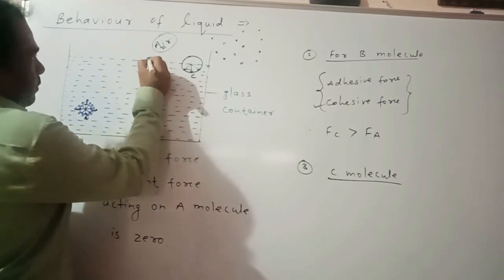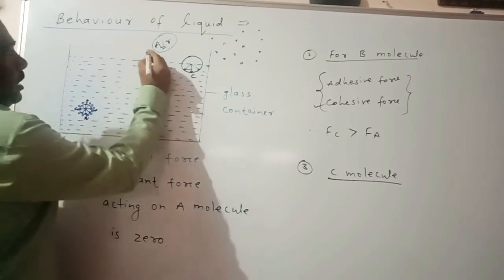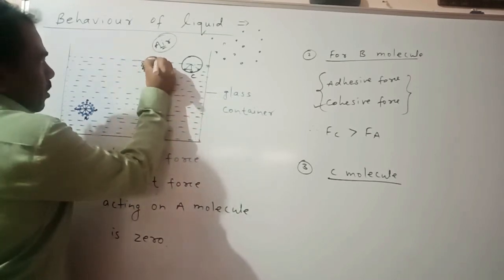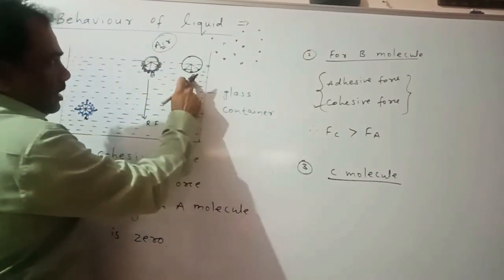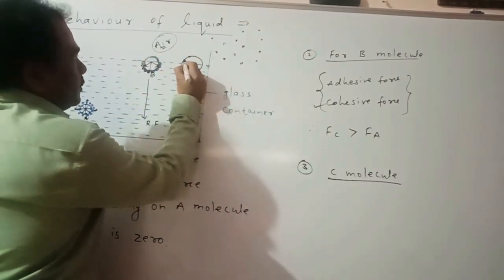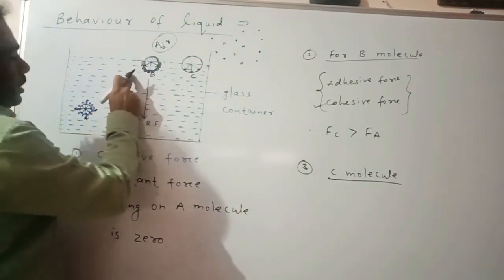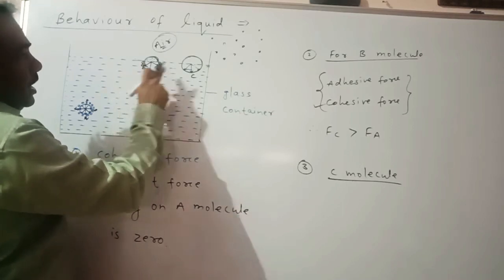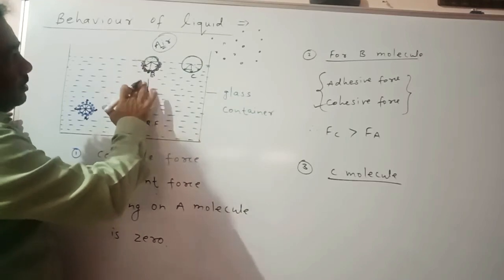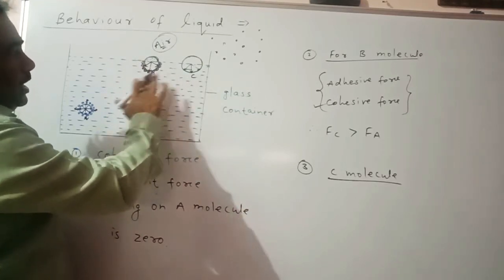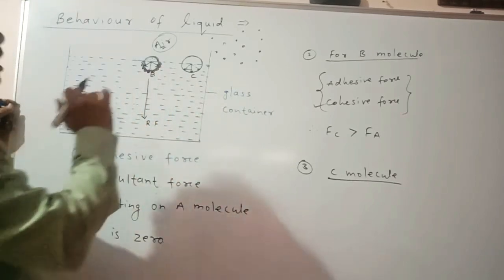At molecule B, only a small part of the sphere of influence is in the air, but at molecule C, half of the sphere of influence is in the air. So the position of B and the position of C are quite different. Just concentrate on these two molecules.